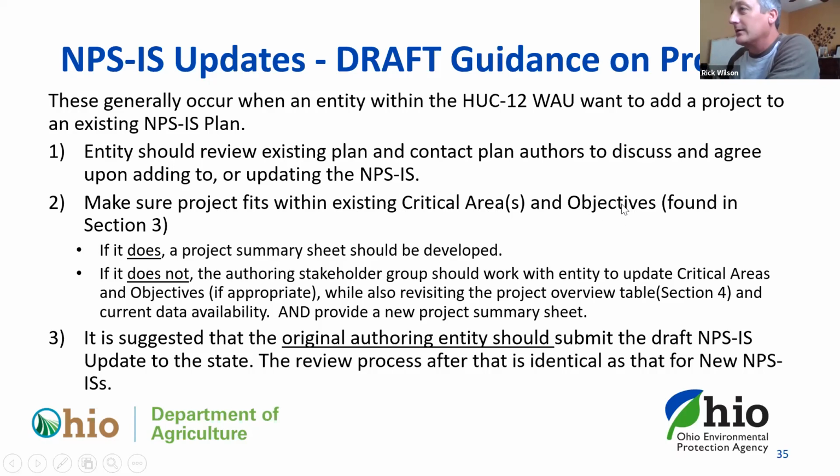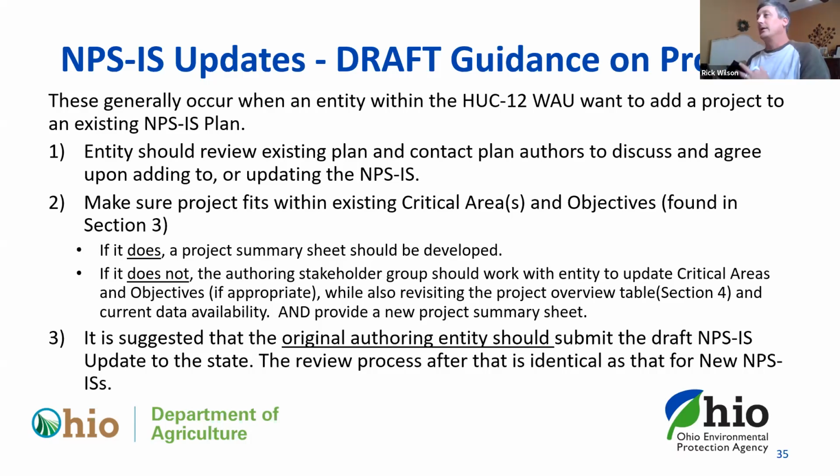But make sure, does the proposed project that they want to add fit within the existing critical areas and objectives? If it does, then it's pretty easy to create a project summary sheet because that line has been established and it fits that line, and you fill out the project summary sheet. And really all we get at that point would be a new NineElement plan with that new sheet inserted in it.